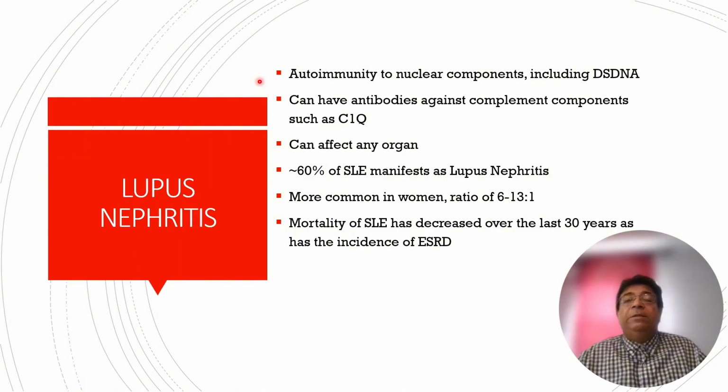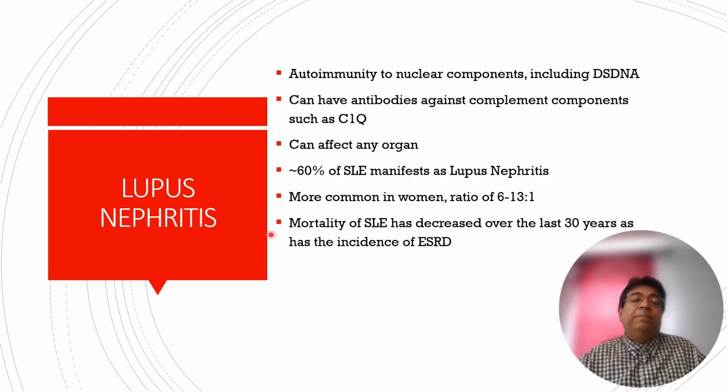You can have antibodies against complement components such as C1q. Lupus can affect any organ, but 60% of lupus patients manifest as lupus nephritis. It is more common in women with a ratio of 6 to 13 to 1.